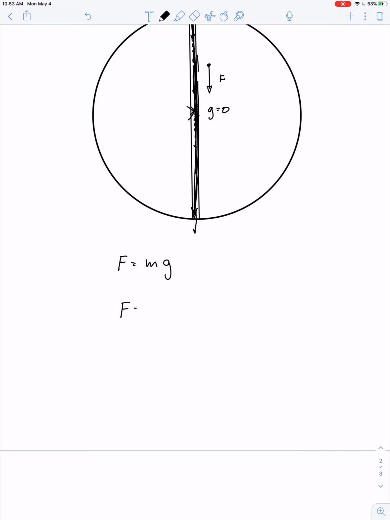So the force is equal to G M m over R cubed times r.